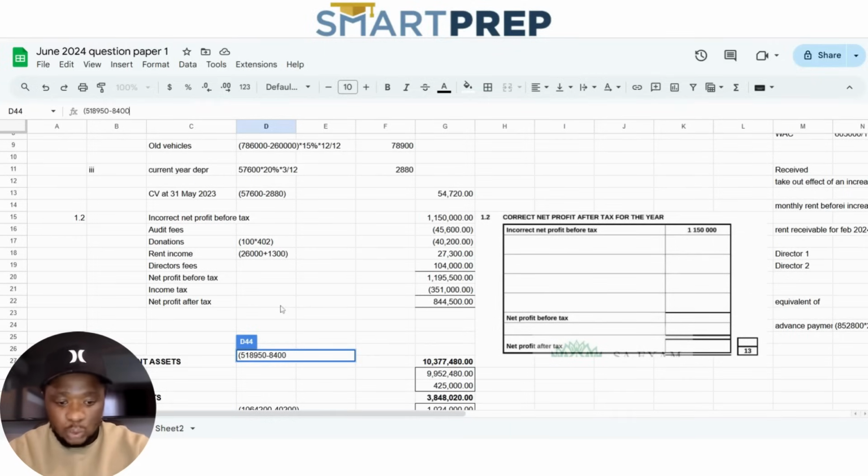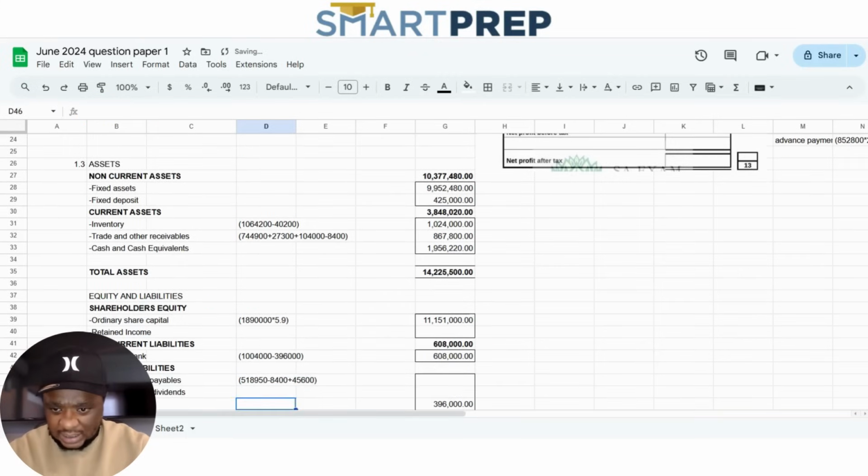And those audit fees were for 45,600. So we add that into our trade and other payables. And then I think that is it because we've looked at pretty much all the information. There wasn't anything else. All right, so that's 556,150.